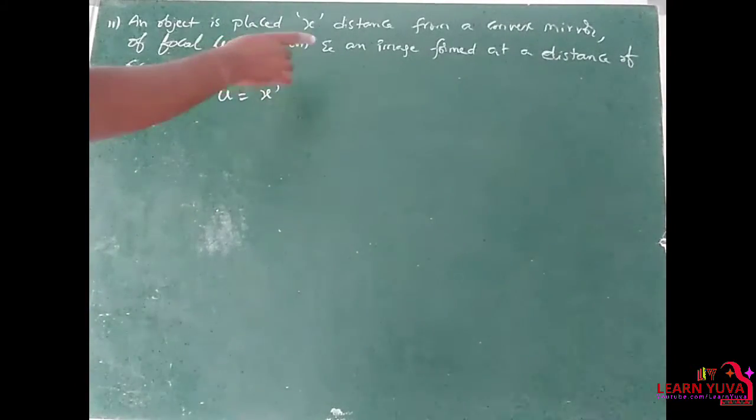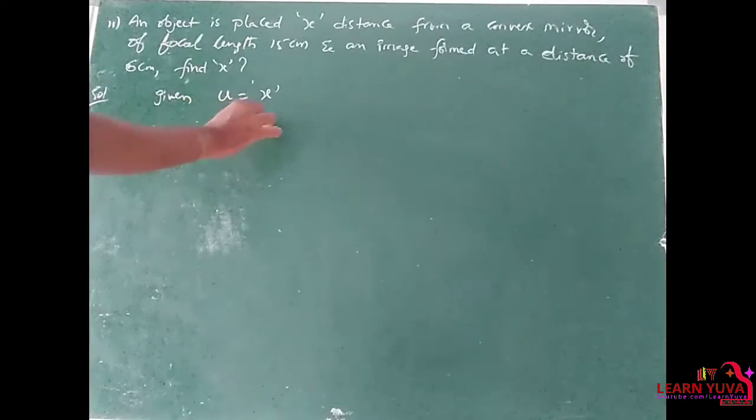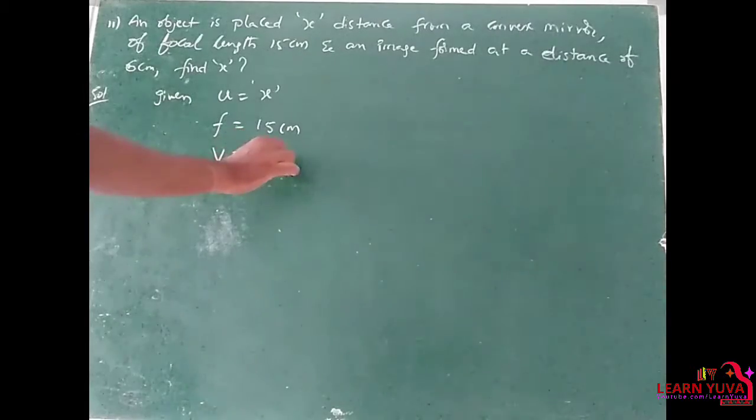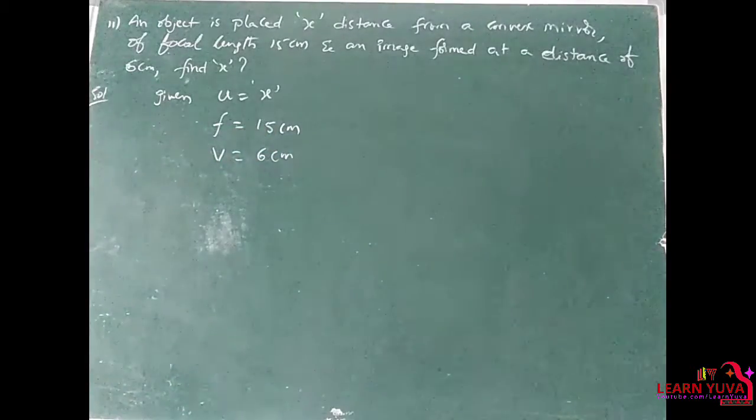Focal length given is 15 centimeters. So f is equal to plus 15. For a convex mirror, the value of f is positive, and image formed at a distance of 6 centimeters. So for a convex mirror, image distance is also positive. So v is equal to 6 centimeters.